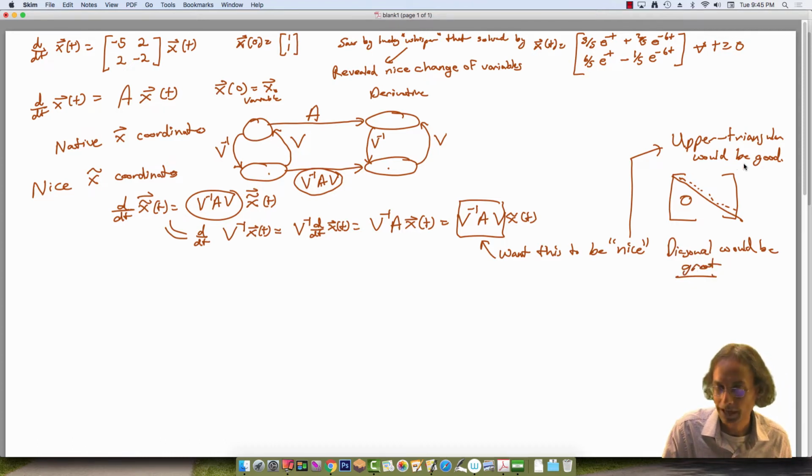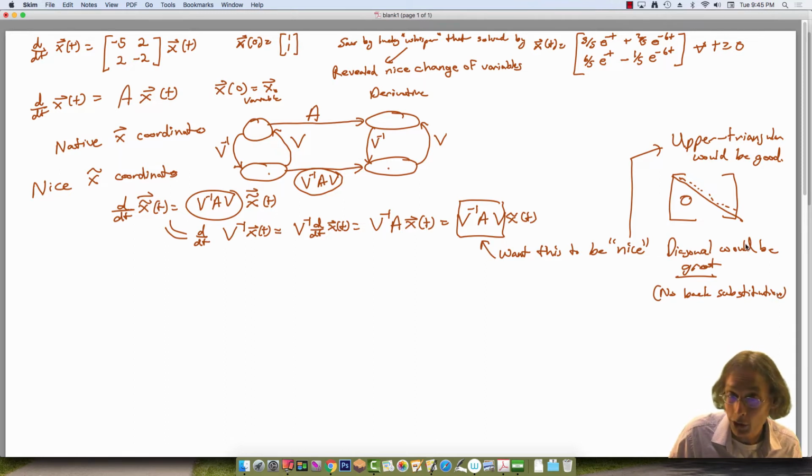Because here we have to do back substitution, and here no back substitution is needed. We'll find in this course we can't always get away without back substitution, but sometimes we can. So let's dream for the best, right? Hope for the best. Let's see if we can get a diagonal. So how can we possibly get something to be diagonal?